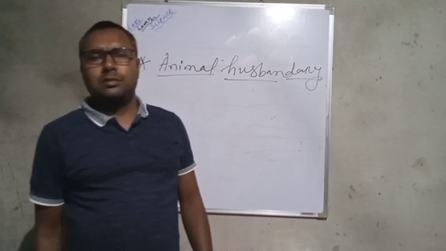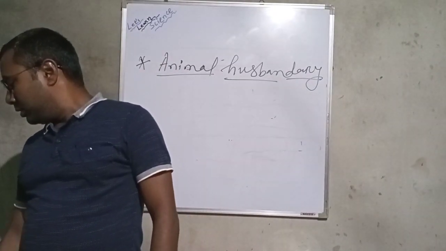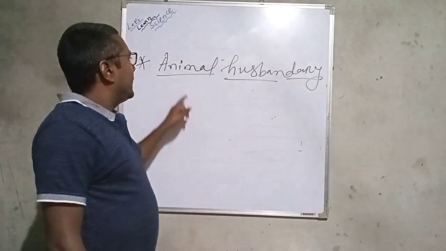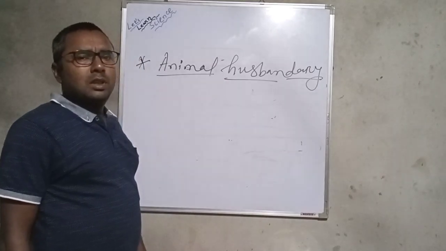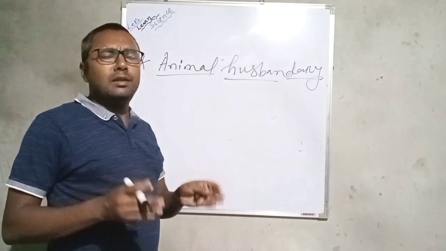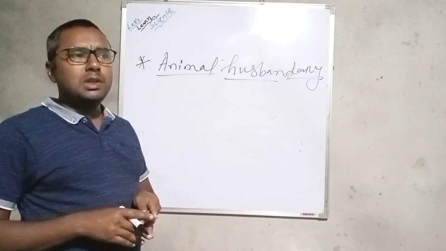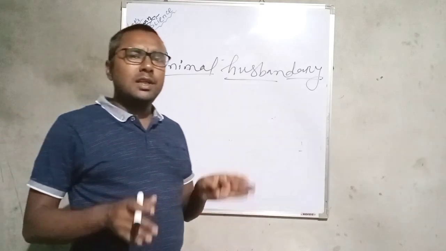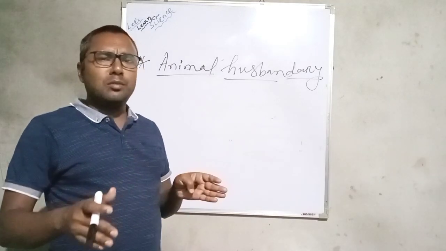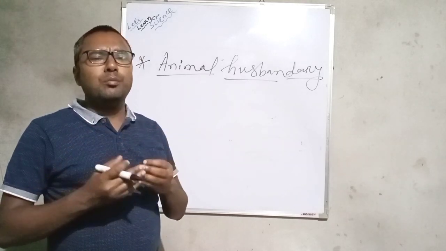Animal husbandry. Have you heard the name earlier? If you haven't, let me clear it up. Animal husbandry means the rearing and breeding of domestic animals for commercial purposes. That means domestic animals are kept in a place in large numbers to get some benefits from them.